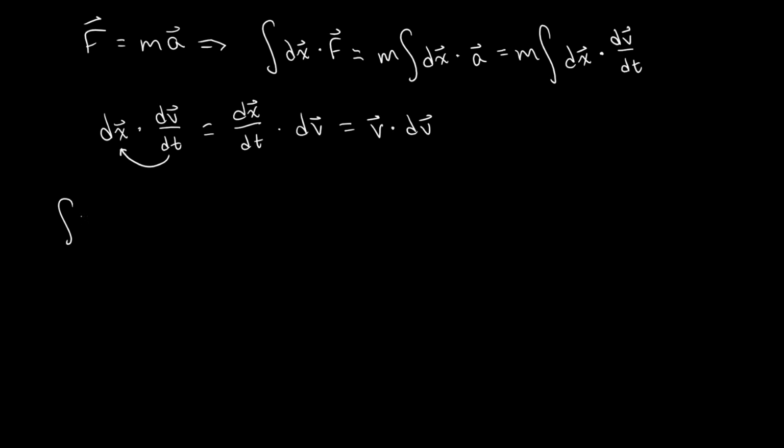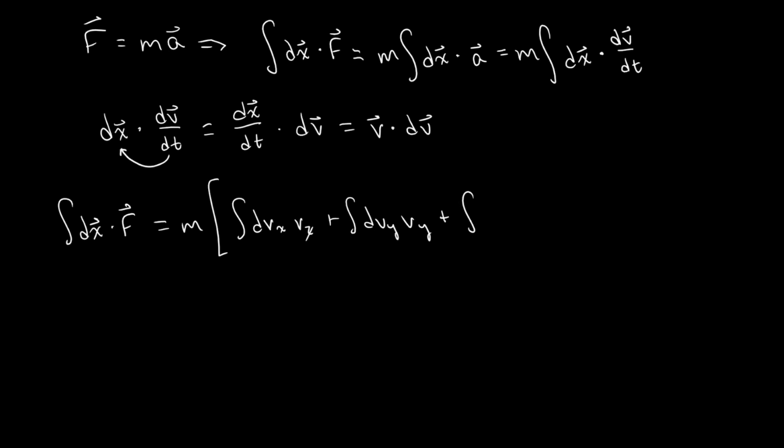Okay, so now I can rewrite this integral in this nifty way. I'll just go ahead and write out all the components: dvx vx plus dvy vy plus dvz vz.